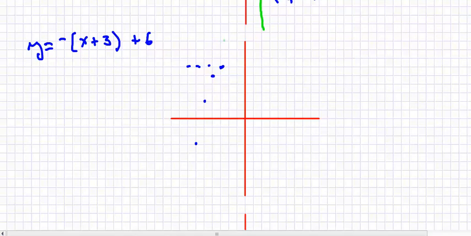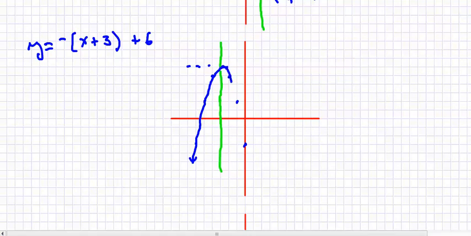Our axis of symmetry goes down here. 1 over, 2 over, 3 over, and now we have our parabola.